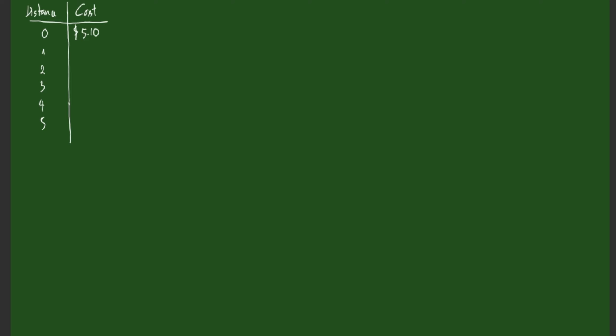It means that on the first mile you pay $5.10 plus 2.6, and the total you have to pay will be $7.7. And you do similarly for all of them.